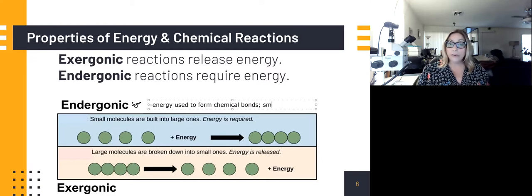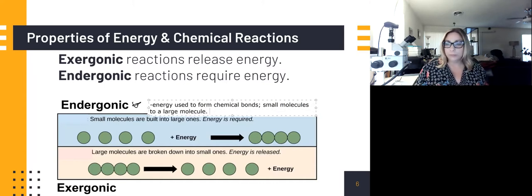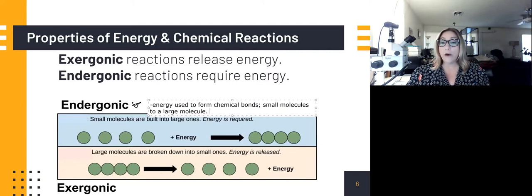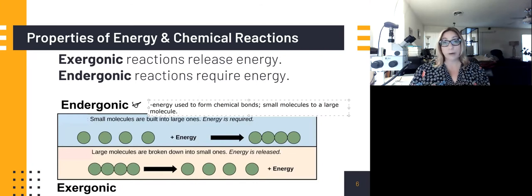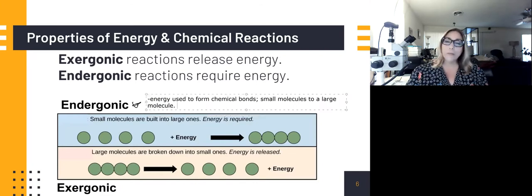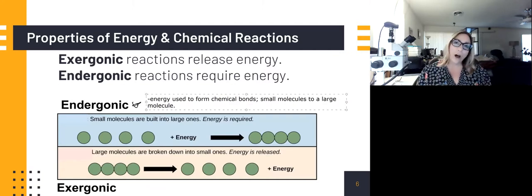Okay, so you go from small molecules to a large molecule. We are going from small molecules with just a little bit of potential energy, not very many bonds, to a large molecule that has a lot of potential energy.